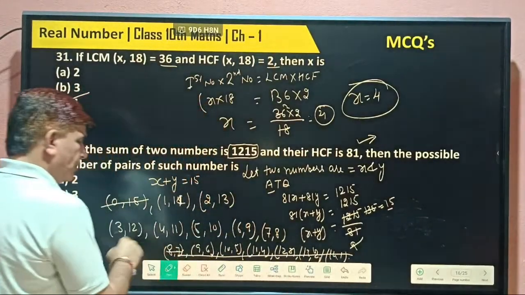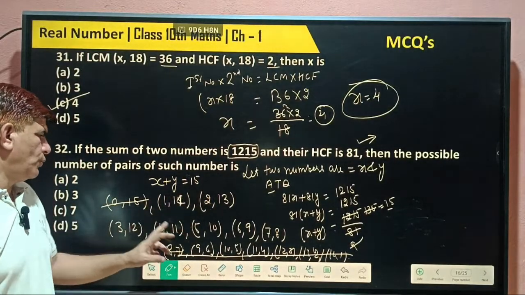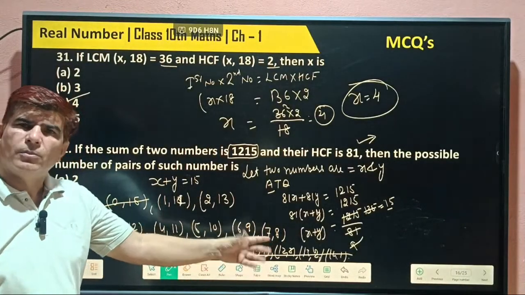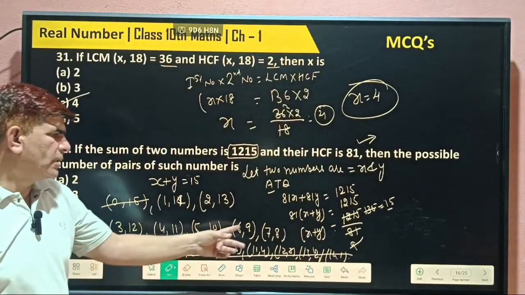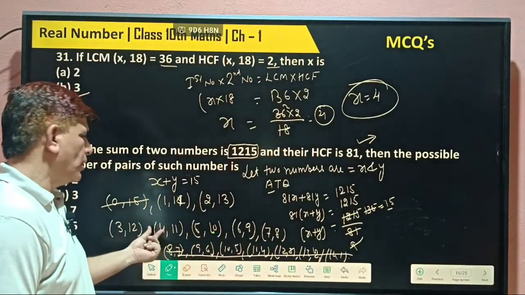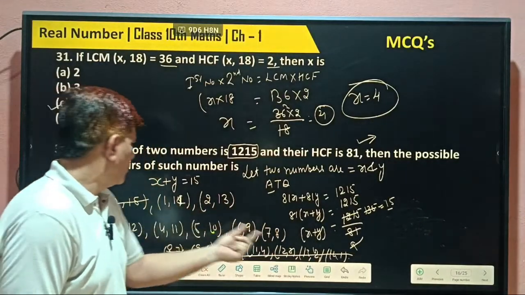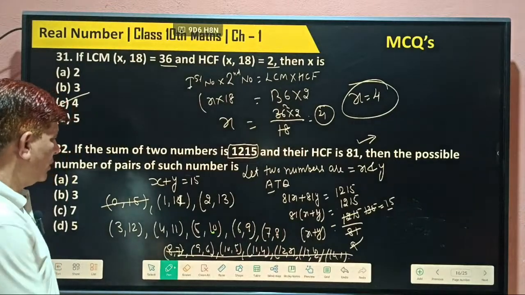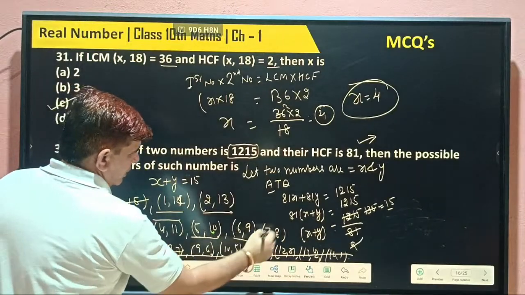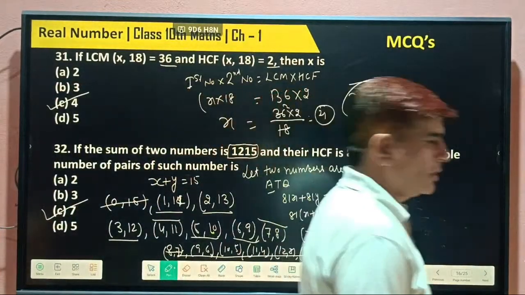These are repetition. 8, 7 and 7, 8 are both the same. 9, 6 and 6, 9. 10, 5 and 5, 10, one we can take. 11, 4 and 4, 11. 12, 3 and 3, 12. 13, 2 and 2, 13. 14, 1 and 1, 14. So count this: 1, 2, 3, 4, 5, 6, 7. So what's your answer? C is your answer.